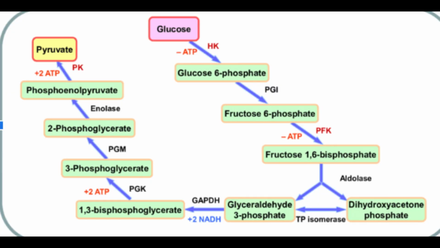Let's begin with the regulation of pyruvate kinase under its normal conditions. Here I've provided the chain that shows glycolysis, and we're going to talk about the ending of it for a second.